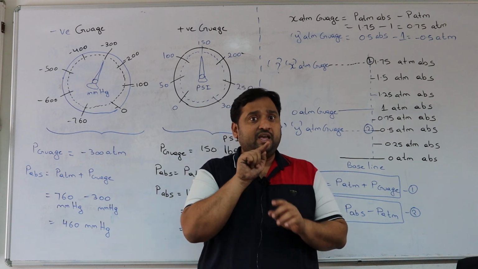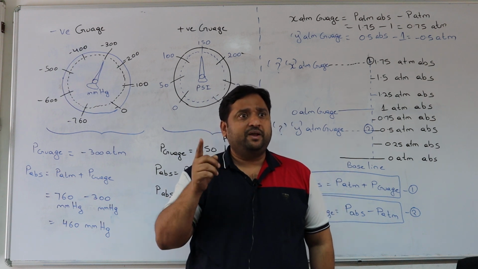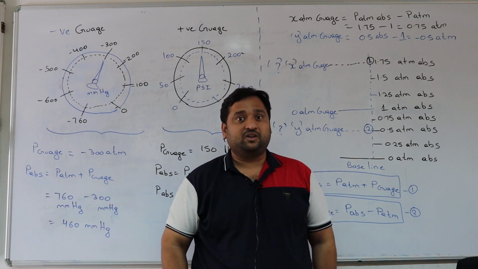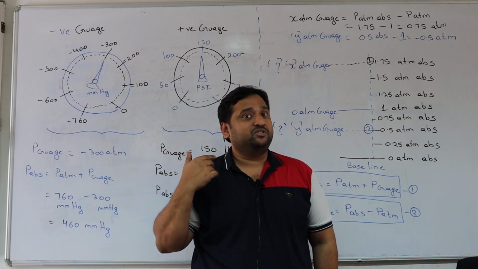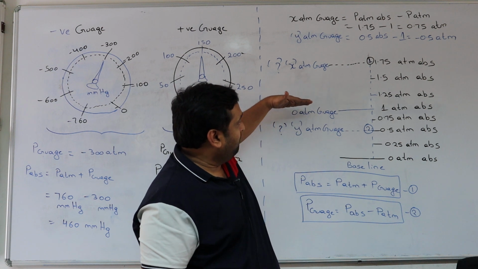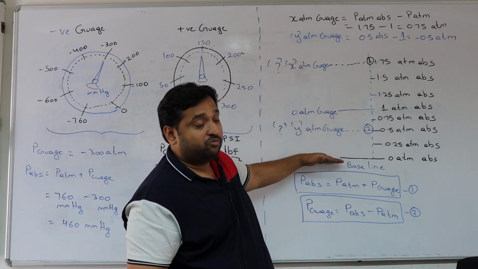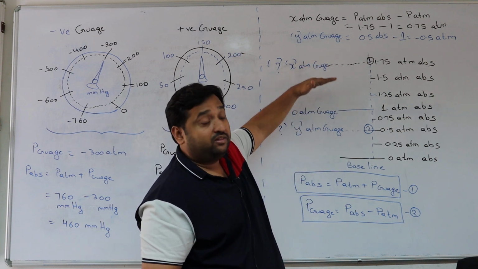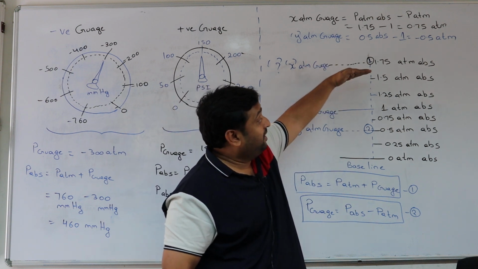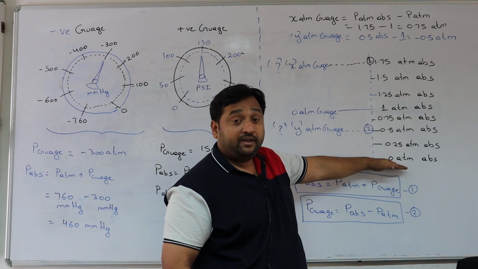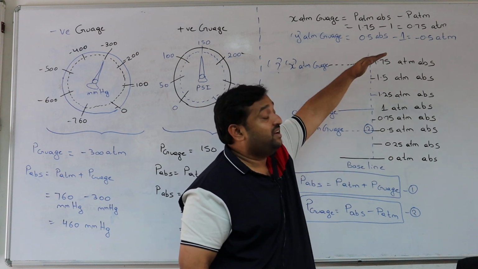That means if you see minus 0.5 atmosphere, you are in a vacuum system now, not in a high pressure system. That is why when you compare to the baseline, the gauge pressure values below are negative, and above are positive. But absolute starts with 0 and is ever increasing.